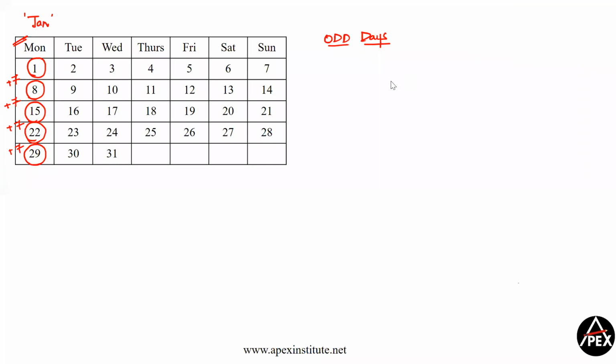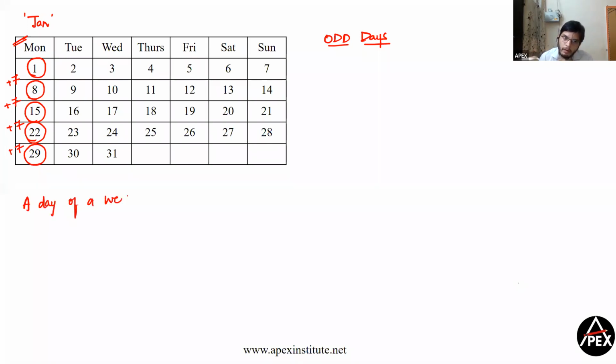Perfect, a week has 7 days, isn't it? So I can say that a day of the week repeats after 7 days. Same for Tuesday also, the difference is again 7.